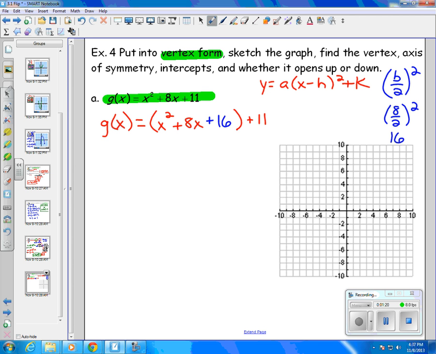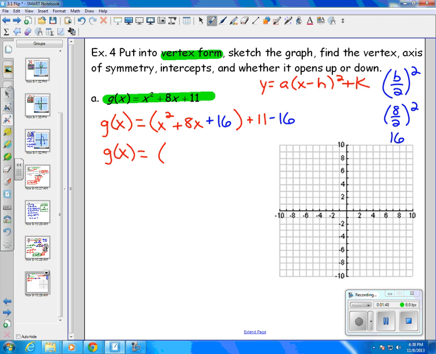And now the next part is going to be a little bit different. In order to keep this equation balanced, we're going to leave everything over in this structure on the right side, so it'll just be g of x equals. If we add 16 inside the parentheses, we're going to subtract 16 outside of the parentheses, and that keeps the equation balanced. Now, g of x equals, it turns out that x squared plus 8x plus 16 is a perfect square trinomial.